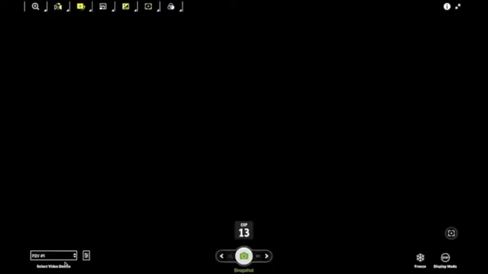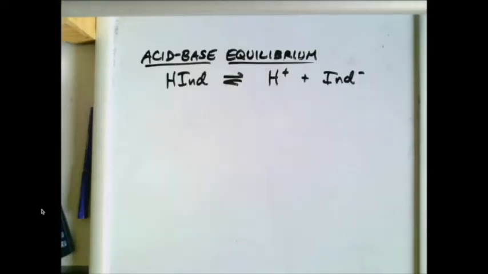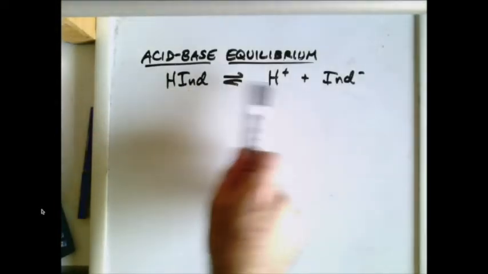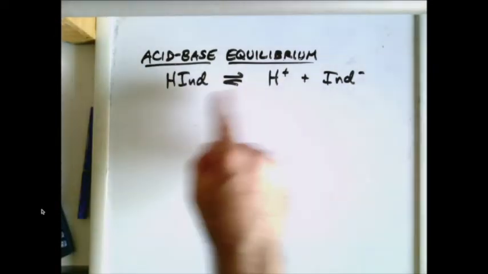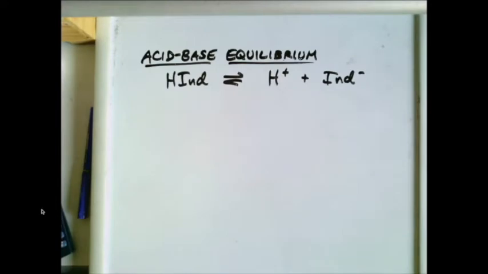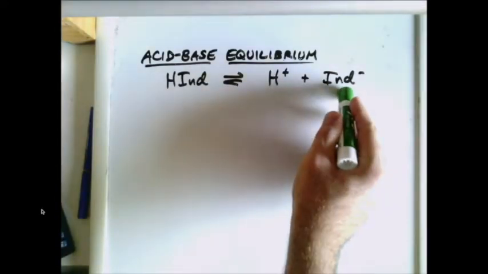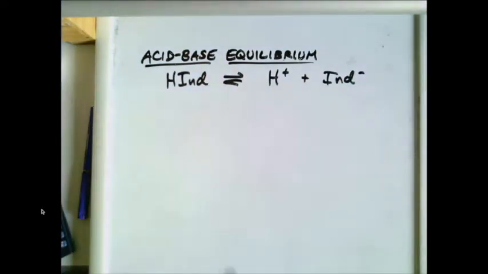The way that indicator dyes work is very similar to the way that the amino acids have been working, which is that they've got the ability to lose or perhaps gain a proton, depending on which of these two forms they're in initially. And what makes indicator dyes really cool is that usually this loss of a proton does something to their chemical structure that messes with the way they absorb light.